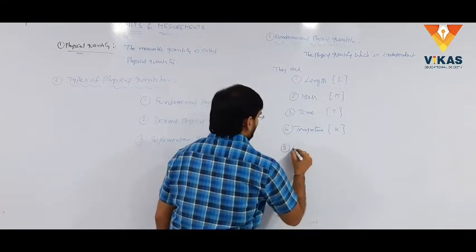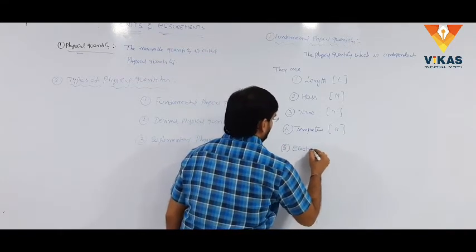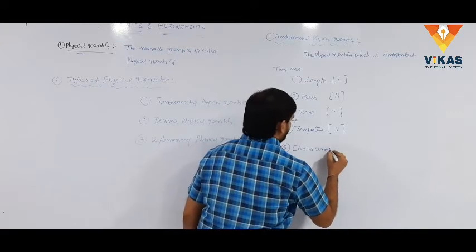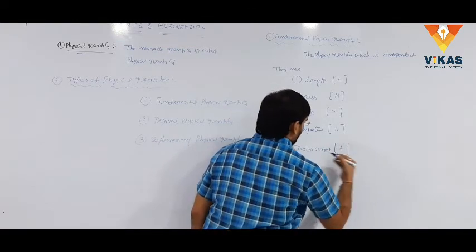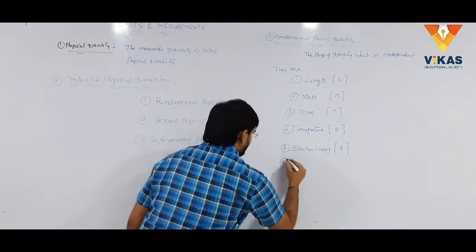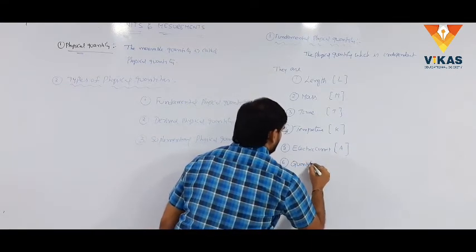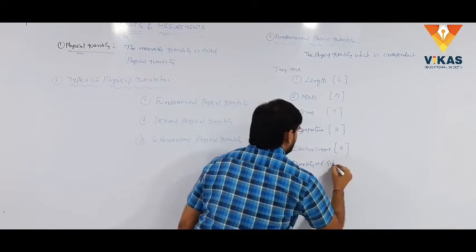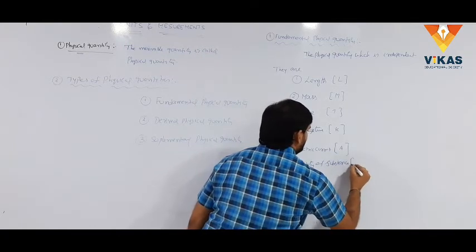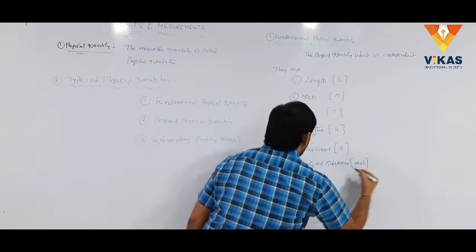Fifth one, electric current, represented with ampere, capital A. And sixth one, quantity of substance, which is in mole.